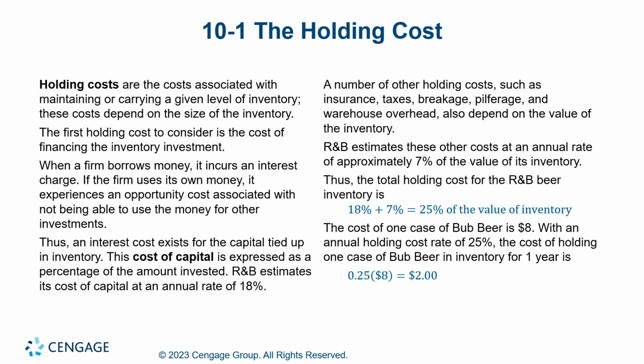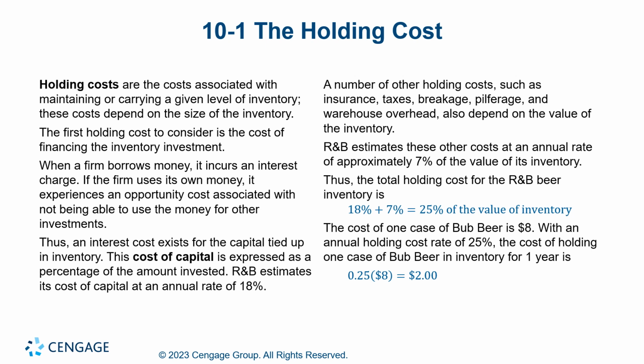So this cost of capital is usually expressed as a percentage of the amount invested. So the RMB estimates the cost of its capital at an annual rate of 18%. A number of other holding costs such as insurance, tax, breakage, pilferage, and warehouse overhead also depend on the value of the inventory.